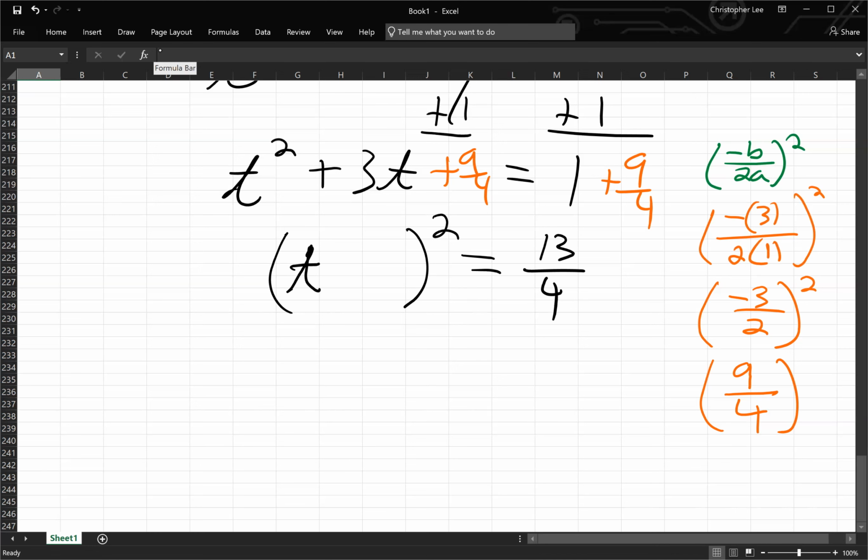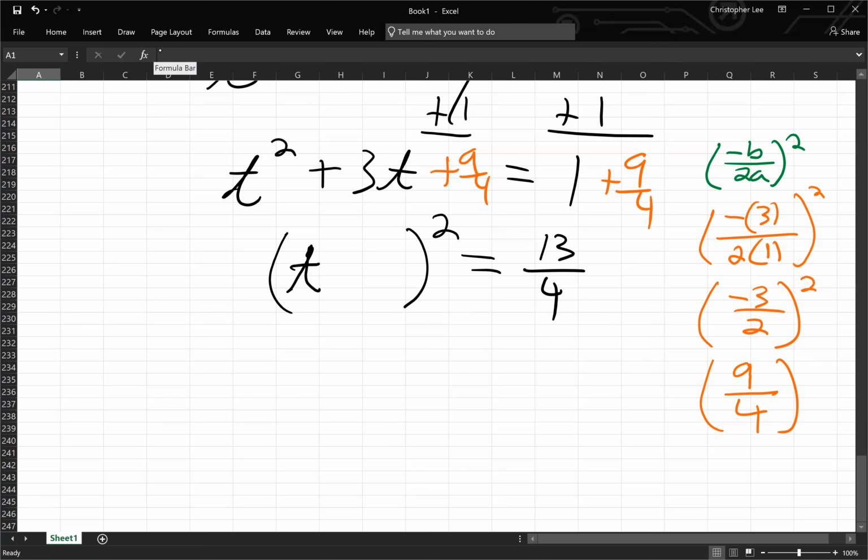I rewrite the 1 as 4 divided by 4 and add across, because remember, you have to have the same denominator in order to add. So what goes there? No, close though.